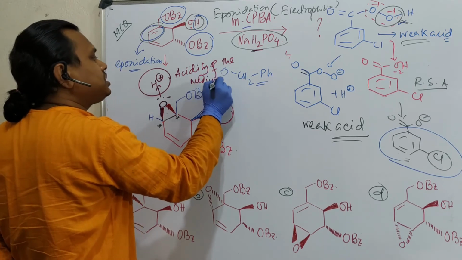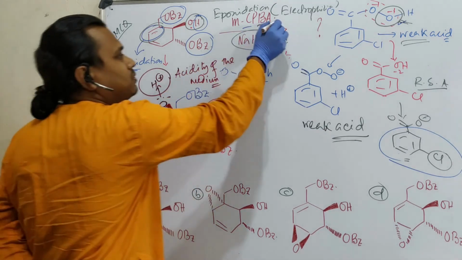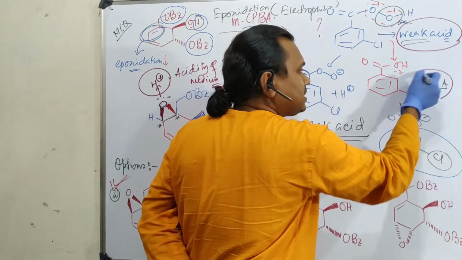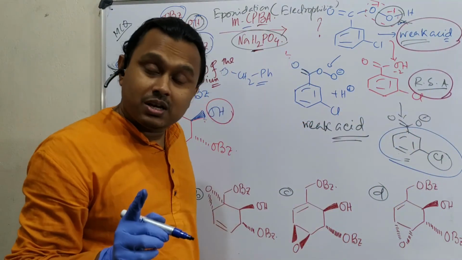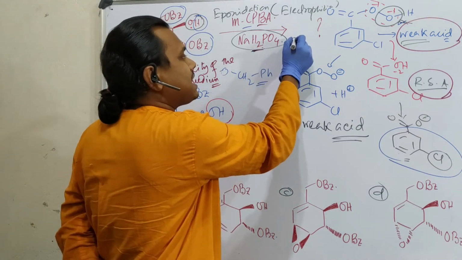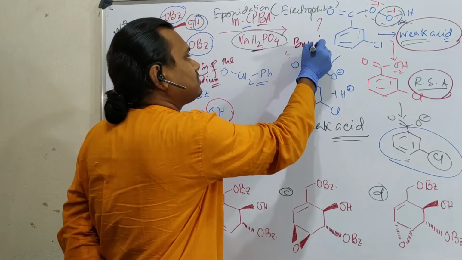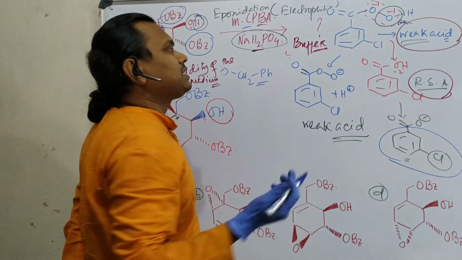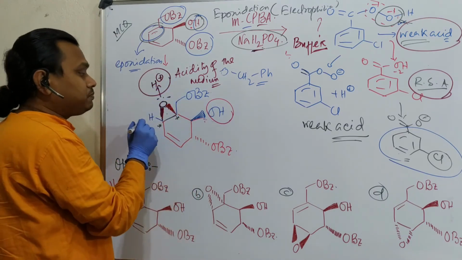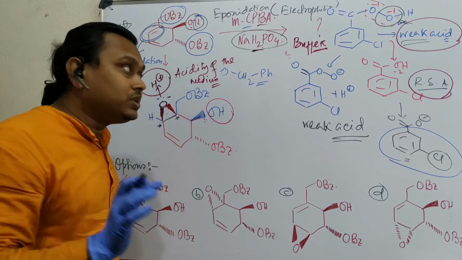Okay, now initially the reagent m-CPBA was not that acidic, as I told, it's a weak acid, but it produces a relatively stronger acid. So in order to maintain the acidity, this is added as buffer. It's actually a very weak base which consumes this acid such that epoxide remains stable during the reaction.